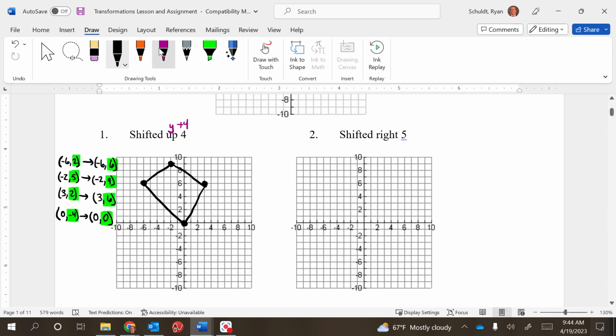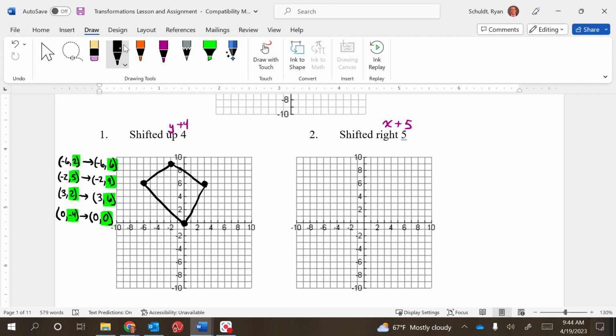Now, when it says shift right, that's on the x-axis. If I started here and went right 5, 1, 2, 3, 4, 5, I'm taking the x and adding 5 to it.